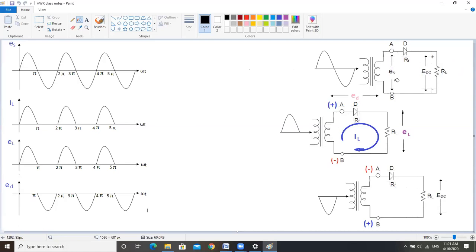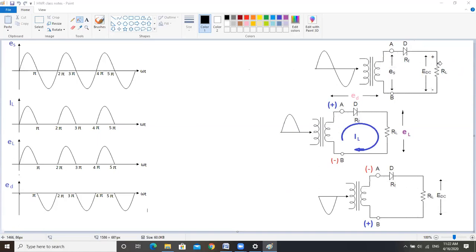Now I am assuming there is an internal resistance present in the secondary winding, that is RS. For the diode, we have the forward resistance RF, and across the load, the load resistance RL.